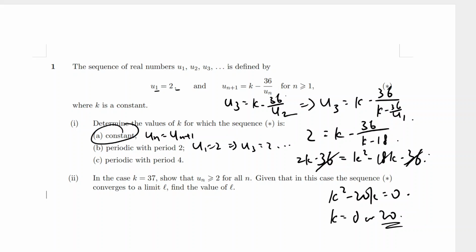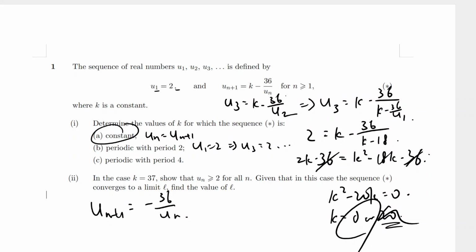Well, yes, because constant functions are, in some way, also periodic with period 2. So we will expect a solution there. Okay, so the solution we like is k equals 0. So we're saying that un plus 1 equals 0 minus 36 over un.